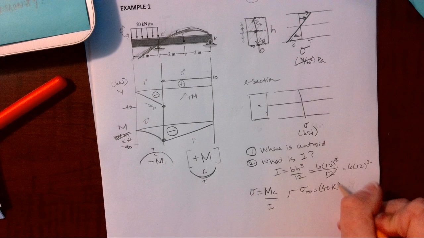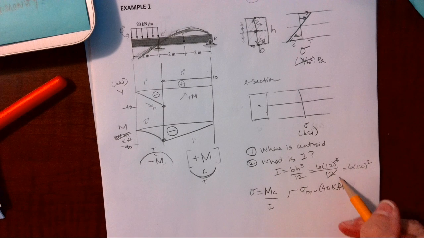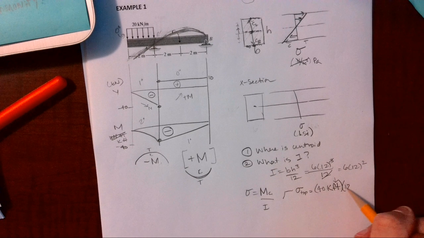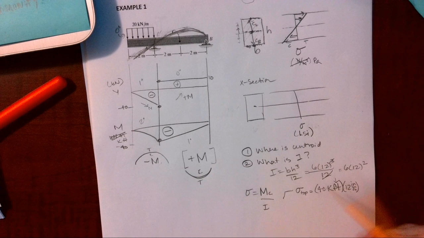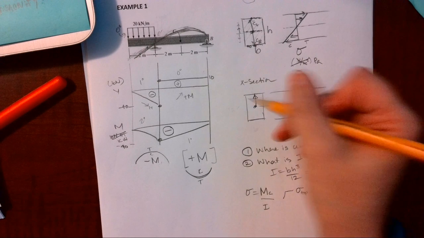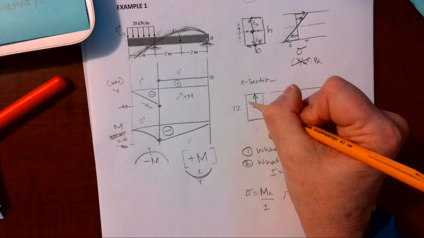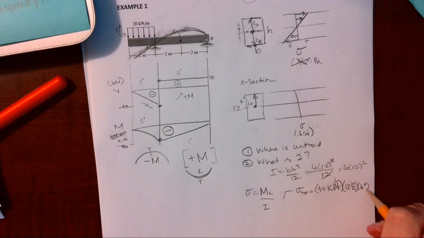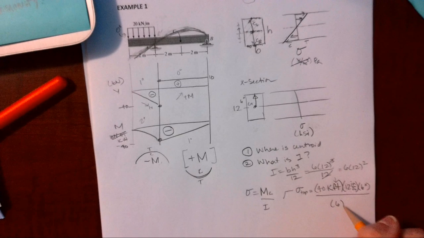Okay, what's wrong with this? We need to work in kips and inches. So I'm going to have to multiply by 12 inches per foot. Okay, C, that is from the centroid to the top. If this is 12 inches tall, then I know that C to the top has to be 6 inches. And then I on the bottom is 6 times 12 squared.